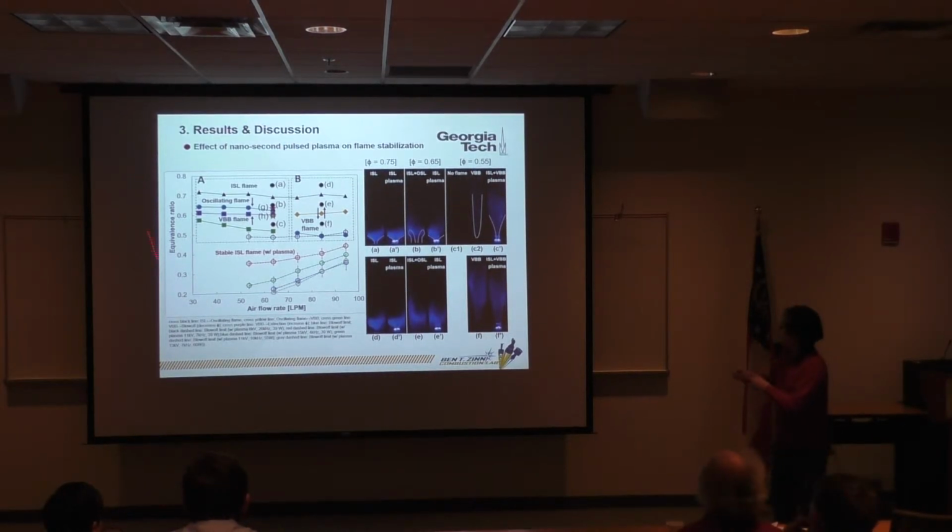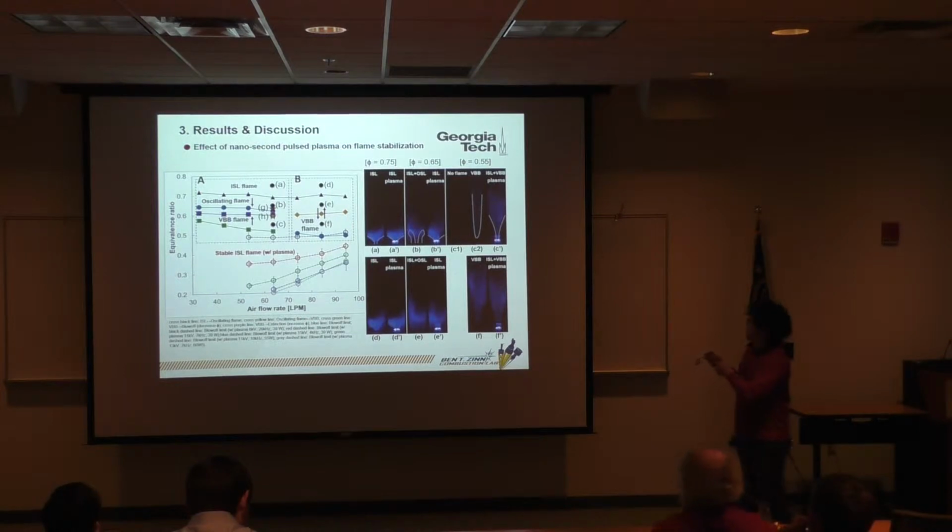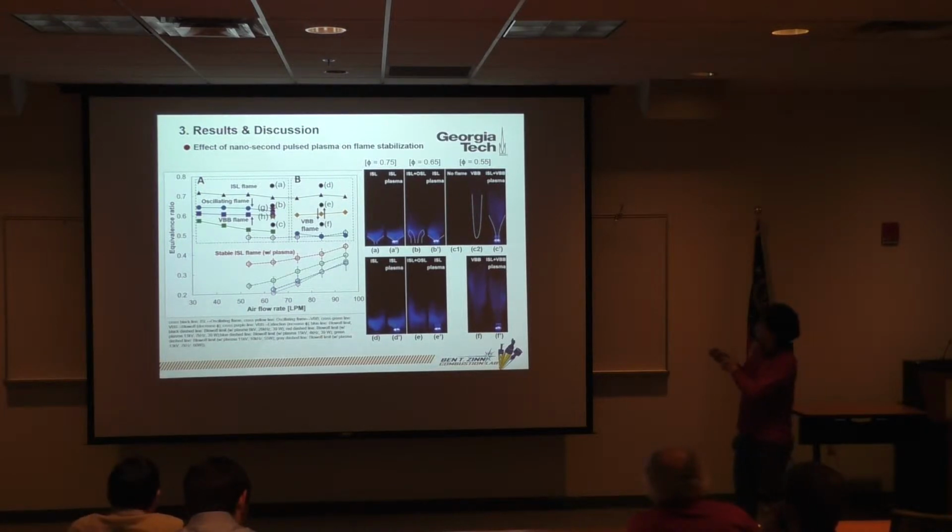This map is a flame stability diagram as a function of equivalence ratio and airflow rate. Inner shell layer flame was observed above the black line, as shown in A and B. Then when the equivalence ratio decreased to B, oscillating flames were observed.